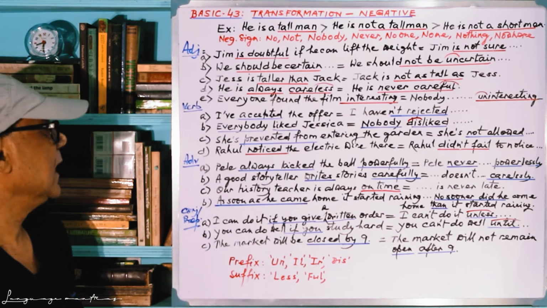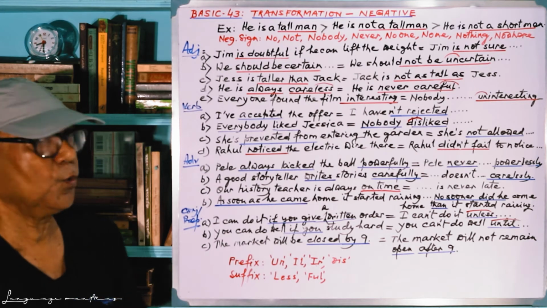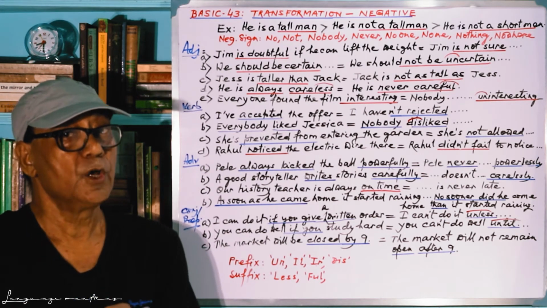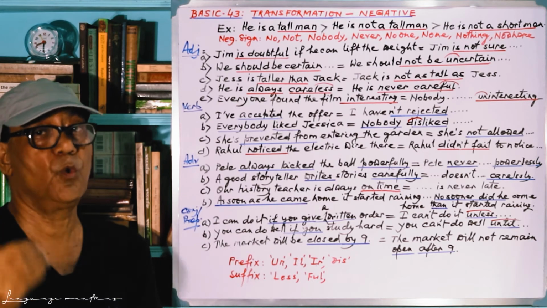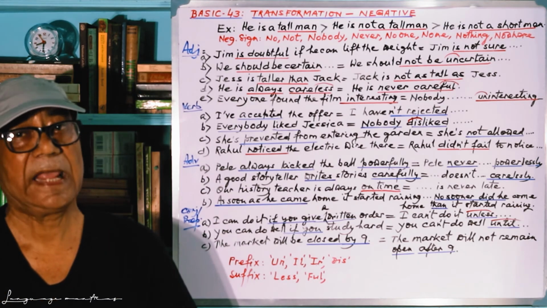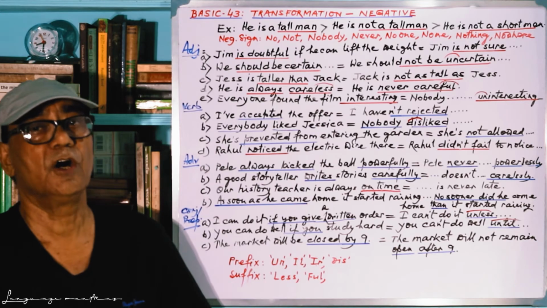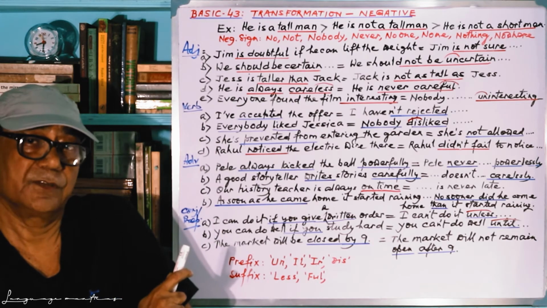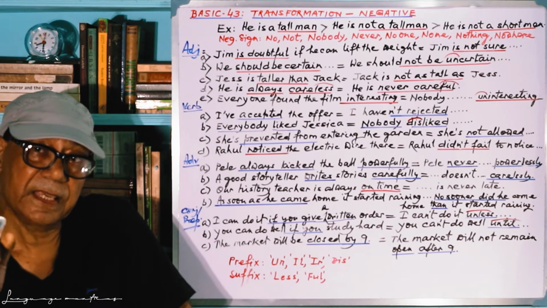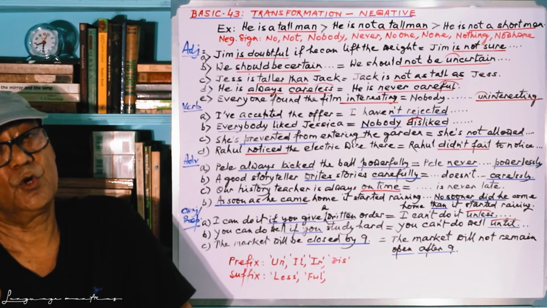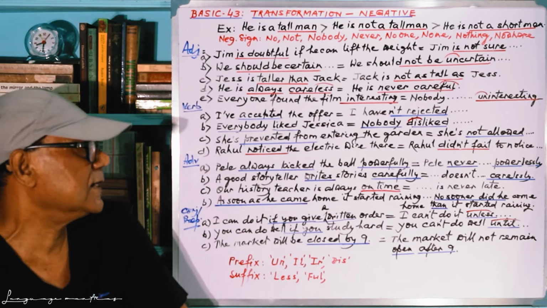Next one. Rahul noticed the electric wire there. Rahul noticed. This is a tricky one. We do not have an exact opposite word of notice. This is a verb. So what we can do here, we can supply something else and make a kind of meaningful sentence.